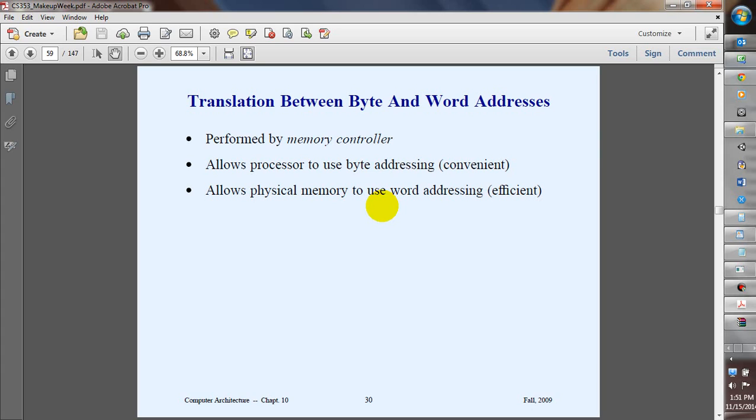But up top, as programmers, we can use byte addressing. Byte addressing allows us to refer to just one byte, for example. It's very rare that we have to refer to a bit. More often we'll refer to a byte. And if we do want to refer to a bit, we can, but we just need to refer to an offset within a byte, basically.